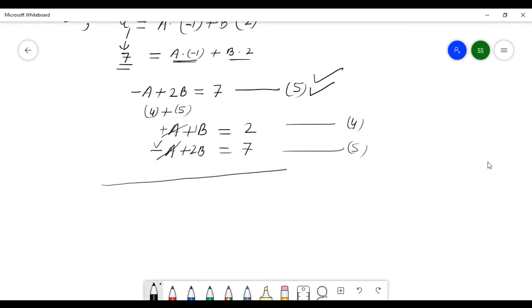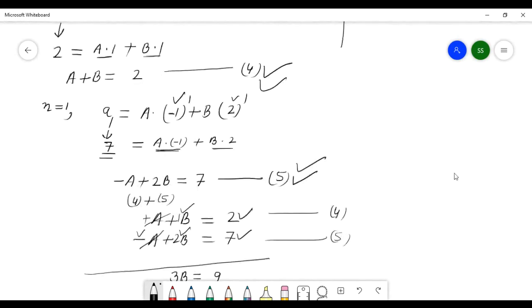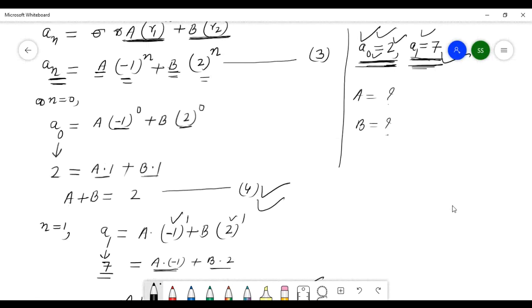Positive one B and positive two B come to 3B equal to 2 plus 7, which is 9. 3B equals 9. Now we divide: 3B over 3 equal to 9 over 3. The 3 cancels, leaving B equal to 9 over 3, which is 3. Look here, B is equal to 3. Okay.